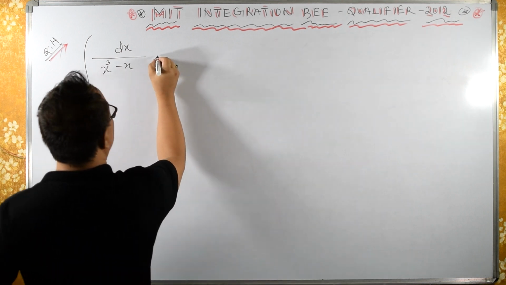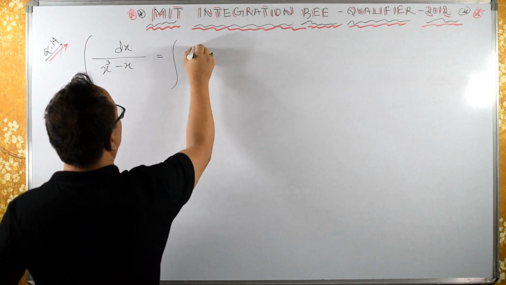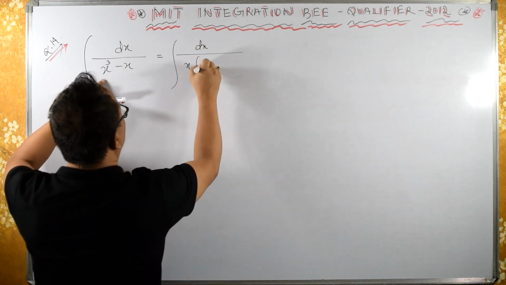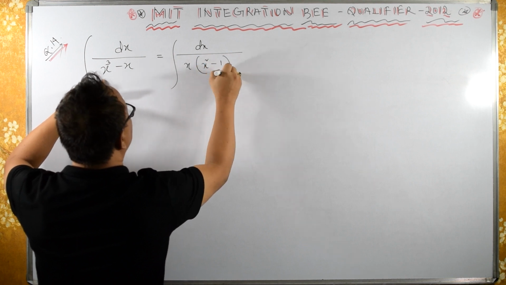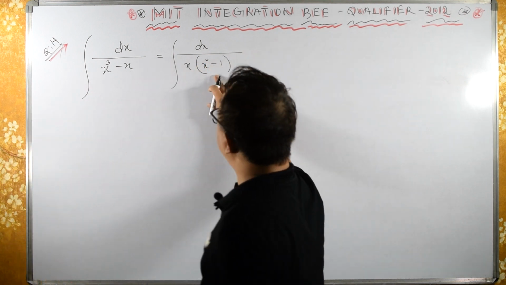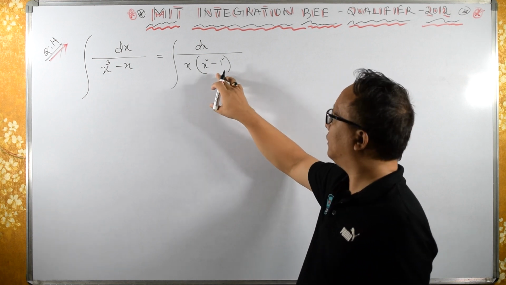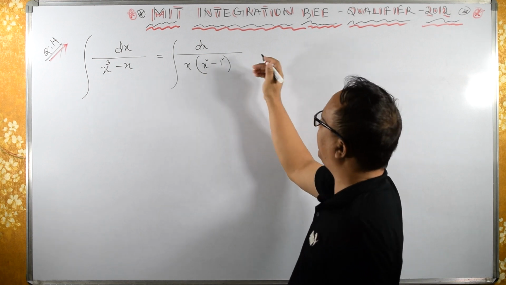This can be equal to the integral of dx upon, if I take x common, x times (x square minus 1). Now 1 is the same as 1 square, so it is of the form a square minus b square.